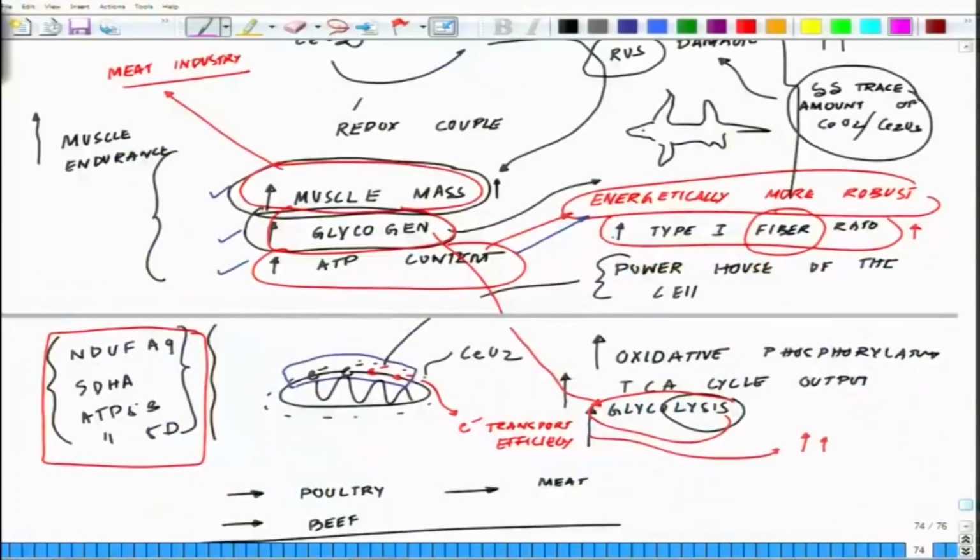If I take you back, whenever we talk about change in the fiber ratio because of the application of ceria nanoparticles, then we are talking about hitting upon the ratio or type of myosin filaments.